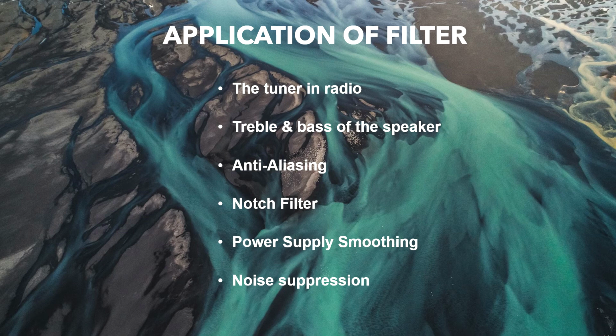Power supply smoothing: the output of the power supply, which is a rectifier, has an AC ripple in it. These frequencies are filtered out using a low-pass filter, which results in smoothing the output signals. Noise separation is used in communication systems for noise removal from the received signals.